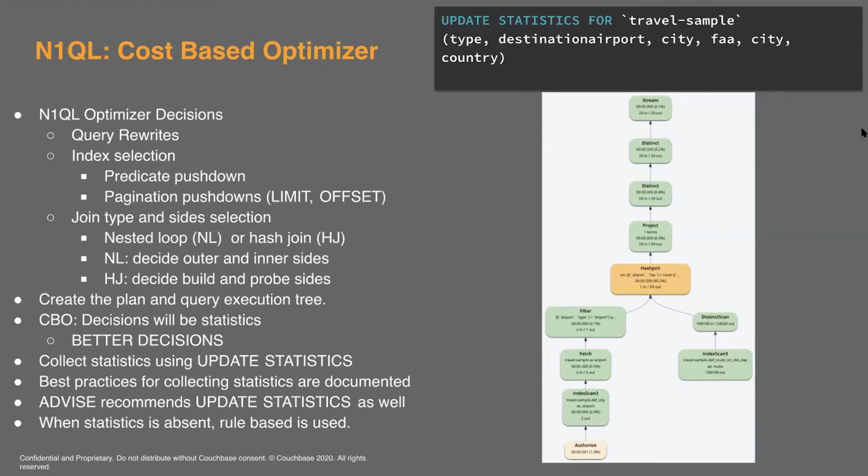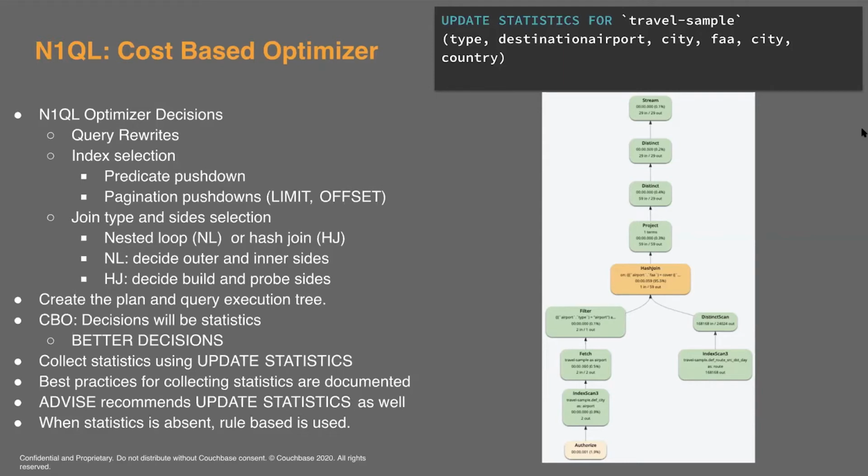In this update statistics statement, you give the field names which you've used as index keys. The order here doesn't matter. Unlike a create index statement, the order of the fields in the update statistics doesn't matter.